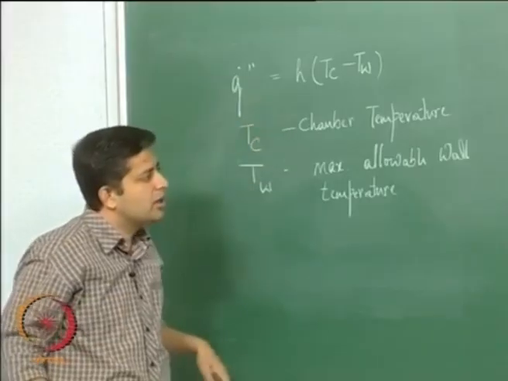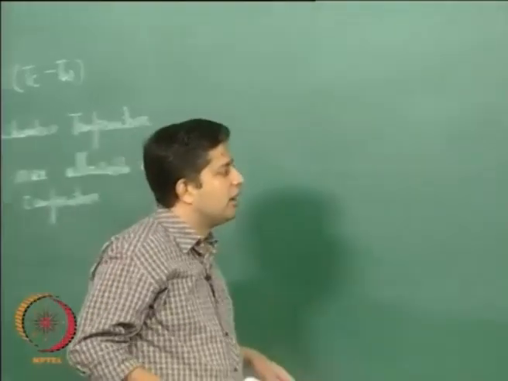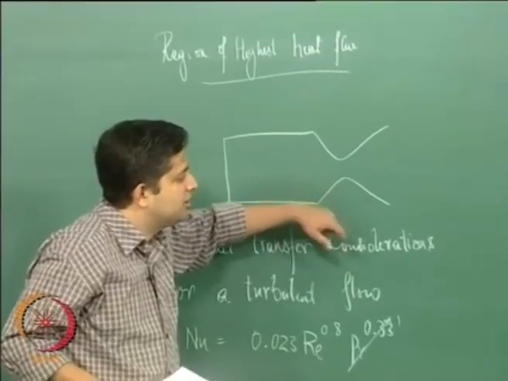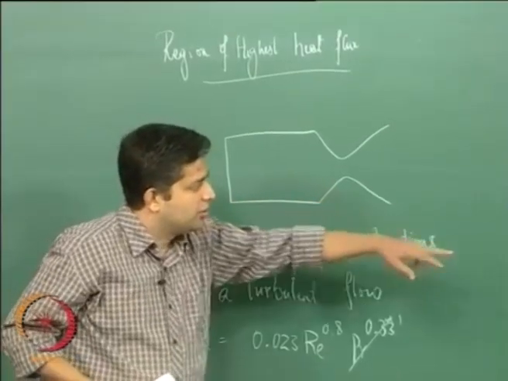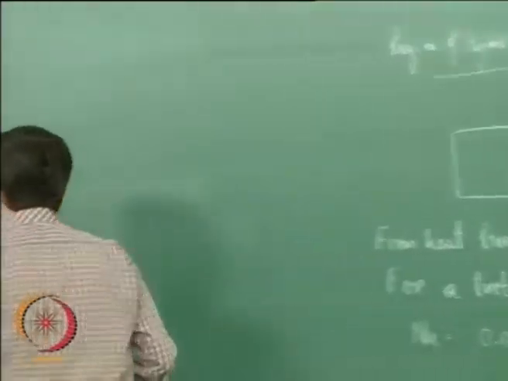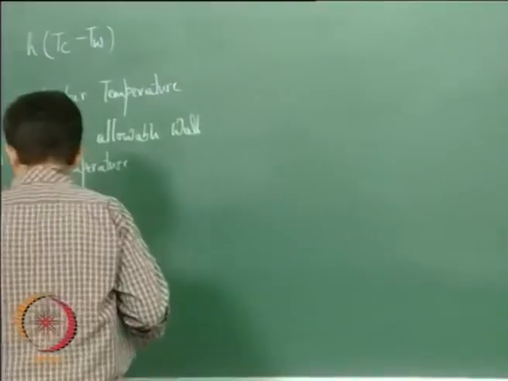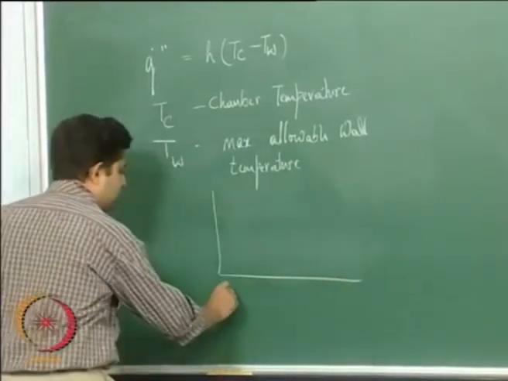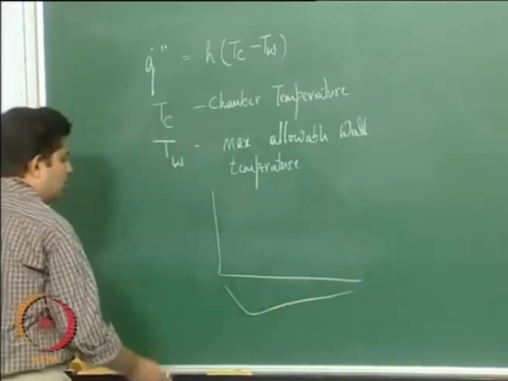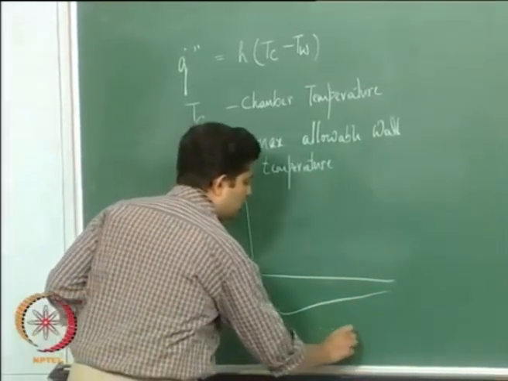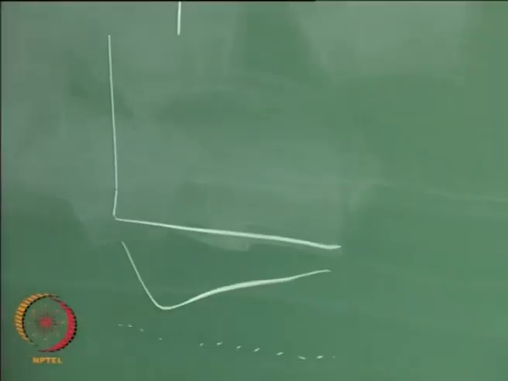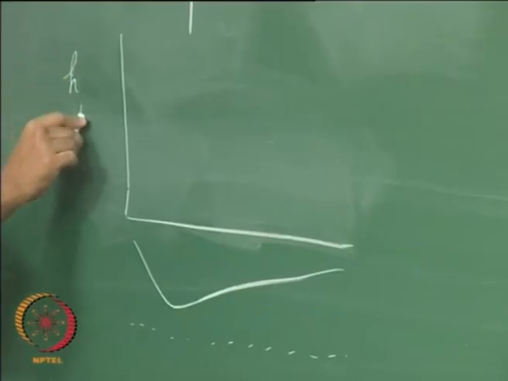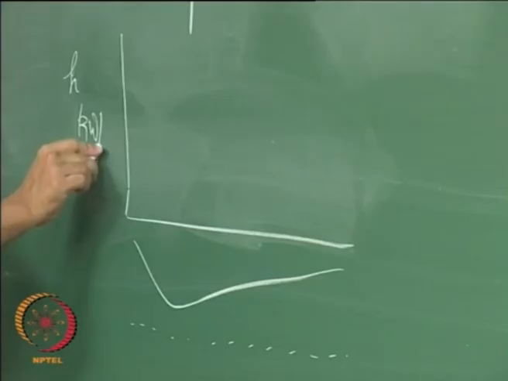Now, if we were to plot the convective heat that is transferred to the surface and where you have the highest heat transfer coefficient, we will have a plot like this, wherein on the x axis you have the nozzle along the axis, and on the y axis you have h in kilowatt per meter square.